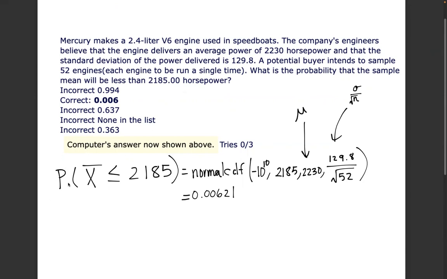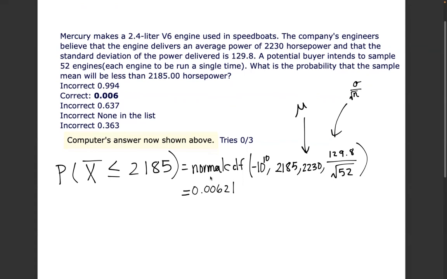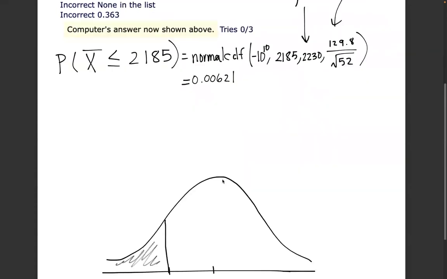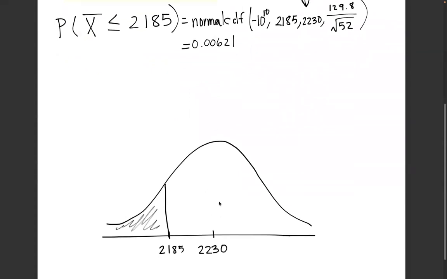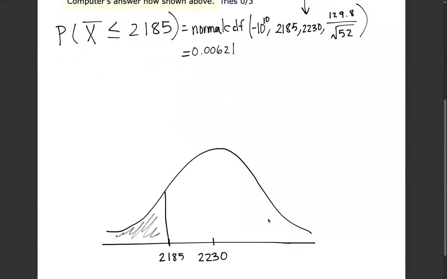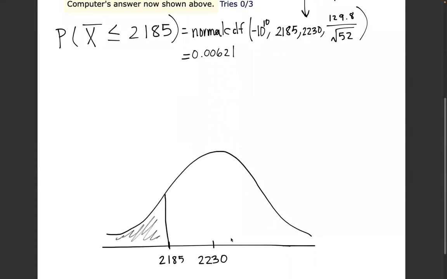So we want to find the probability that our X bar is less than or equal to 2,185. So we'll have the normal CDF function, and if I wanted to draw it out because I like pictures, here our mean was given to us as 2,230, so that's in the middle of that curve, and 2,185 would lie somewhere to the left of that.